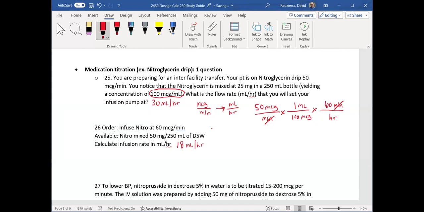Again, if you get stuck and you're like, well, how do we get to that? Remember, the first question is, what are we doing? We're converting micrograms per minute to milliliters per hour.